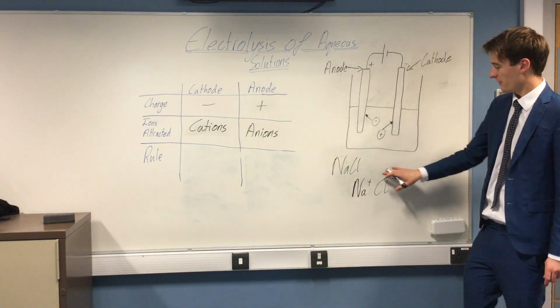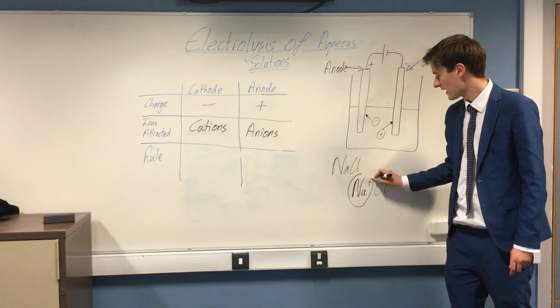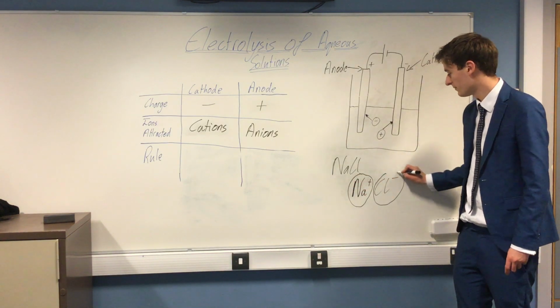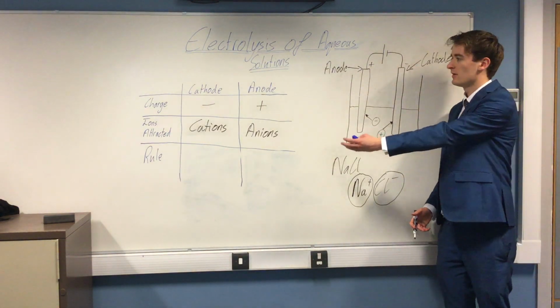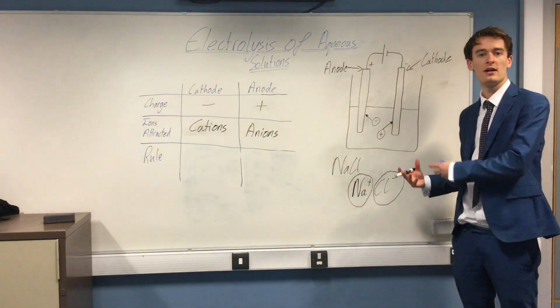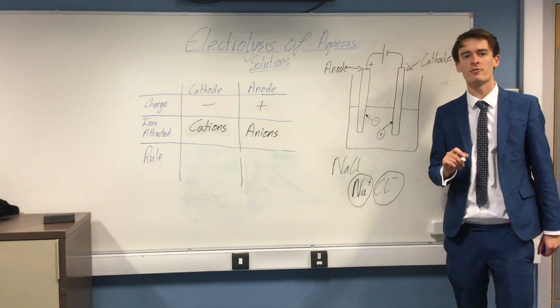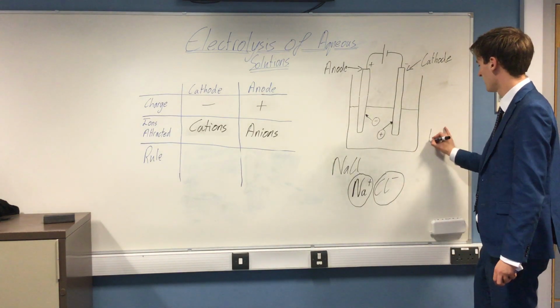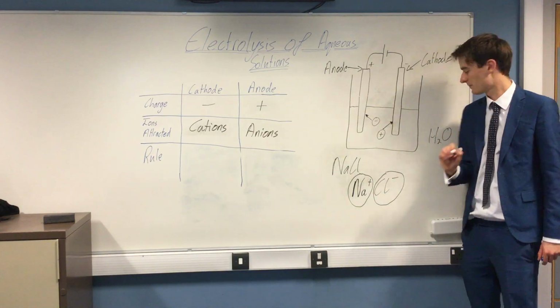Now, this is the cation, obviously here, and this is the anion. And if this was a molten liquid, we would say sodium is discharged at the cathode and chlorine as a gas is discharged at the anode. However, in an aqueous solution there is another compound present, which is water.